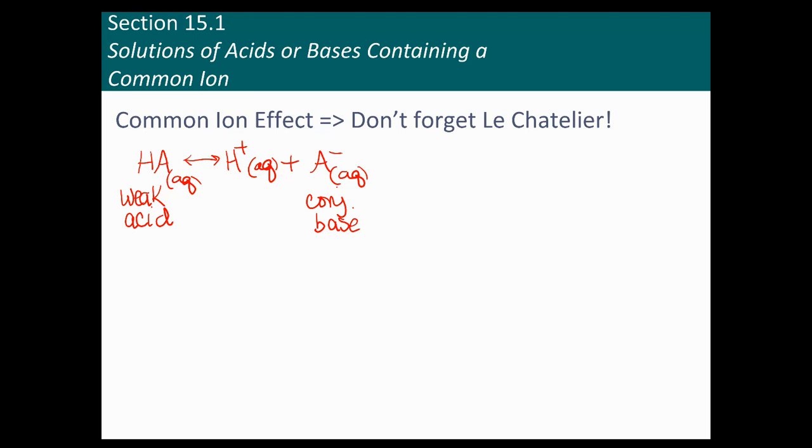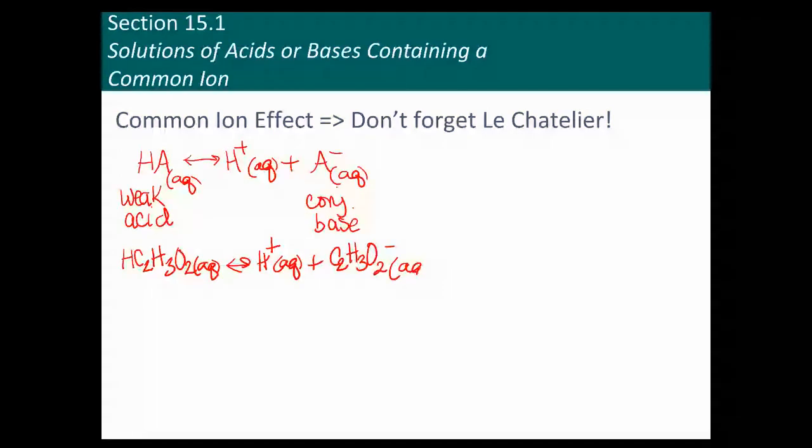And if you look back in your notes, let's say, for example, this was acetic acid. And we did some calculations with a 0.1 molar solution. Look back in your notes.